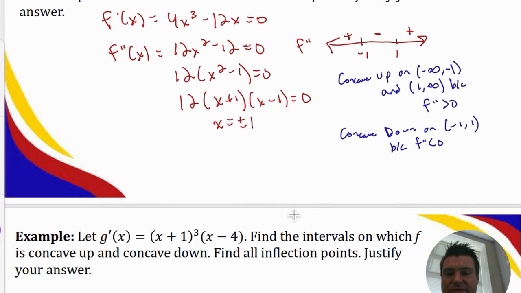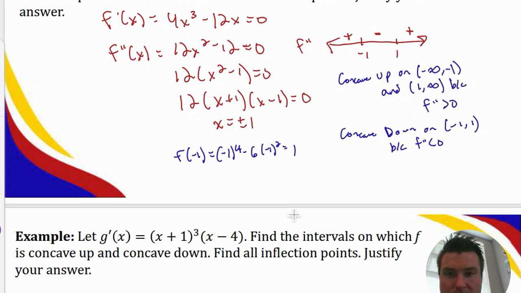So I do want to find those y values. f of negative 1: if I substitute in a negative 1, I'm going to get negative 1 to the 4th minus 6 times negative 1 squared. That's going to give me 1 minus 6, which is negative 5. So I have a point of inflection at negative 1, negative 5.